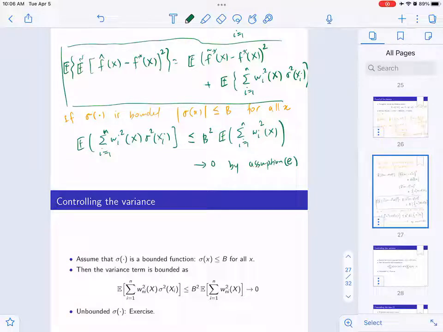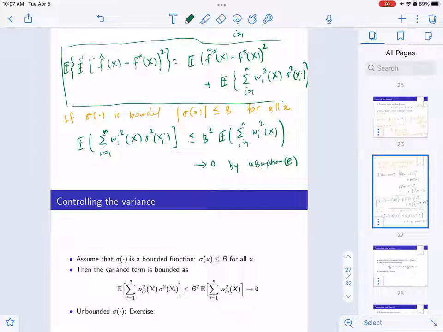So what if this is not bounded? This is what you're going to do in your homework problem. It's very similar to what we're going to do later in the bias case. You approximate it by something which is bounded. It's a good exercise to do. So the result holds even if sigma is unbounded. In classical regression, sigma x is bounded, even constant as a function of x.